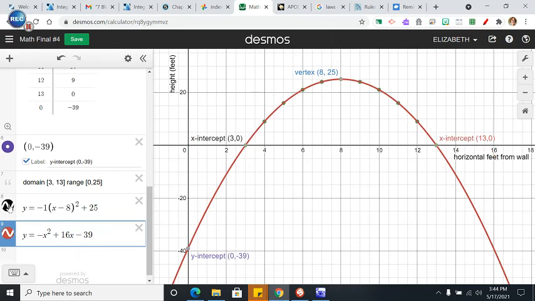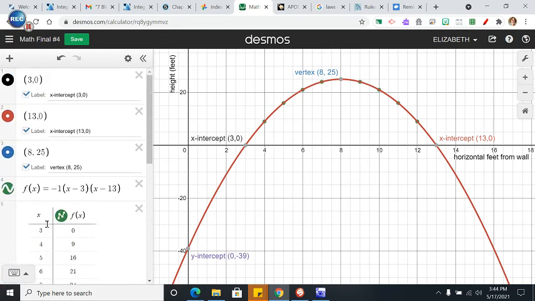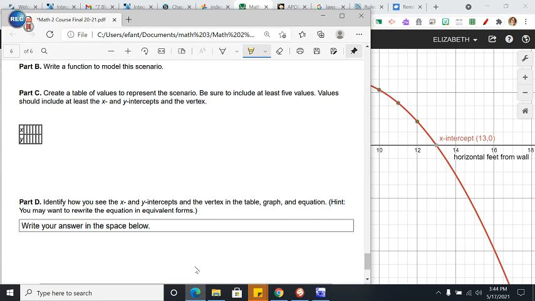And they overlap. They all overlap because these are all the same equation. The black is vertex form. The red is standard form. And the one we started with was factored form. And I think we're done. We showed how to see the x and y intercepts in the table, and in the graph, and the equation.